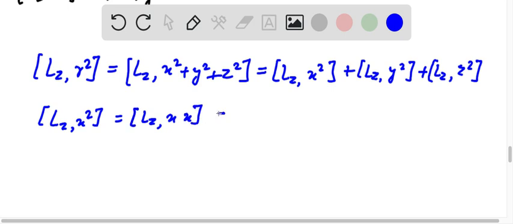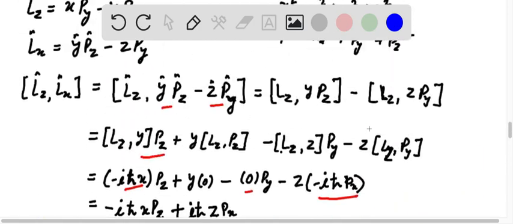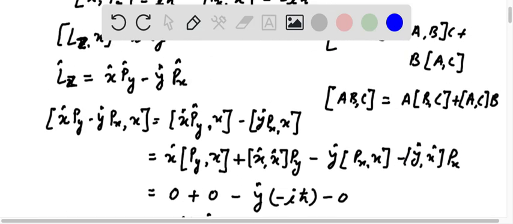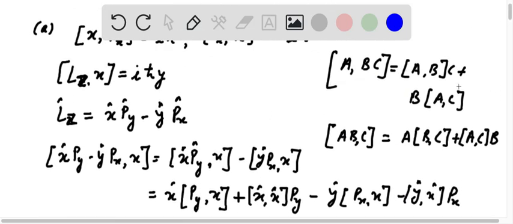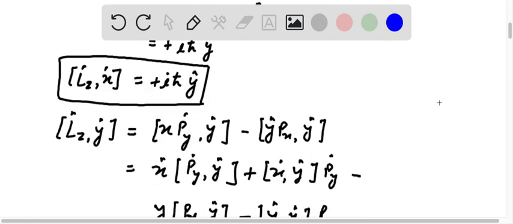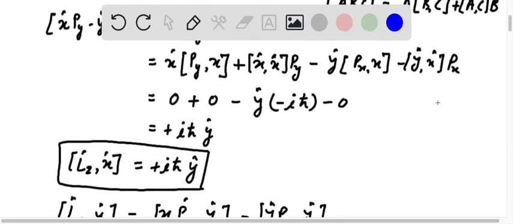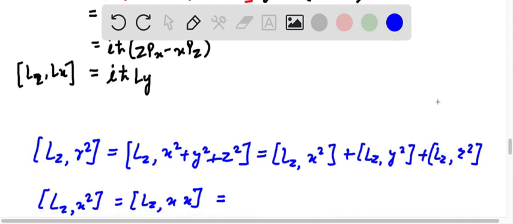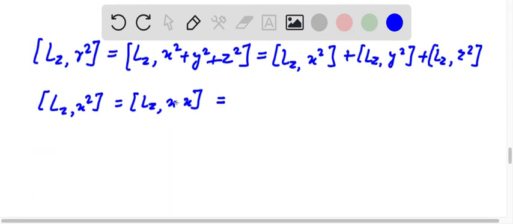Now apply the property given in the upper part of the question, that is ABC plus BAC, because this is Lz and this is xx, that is x square.